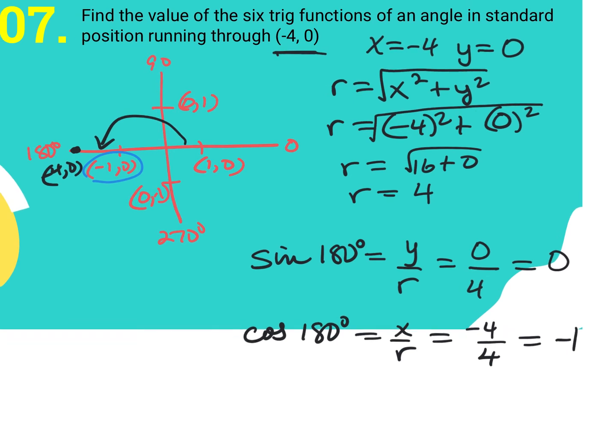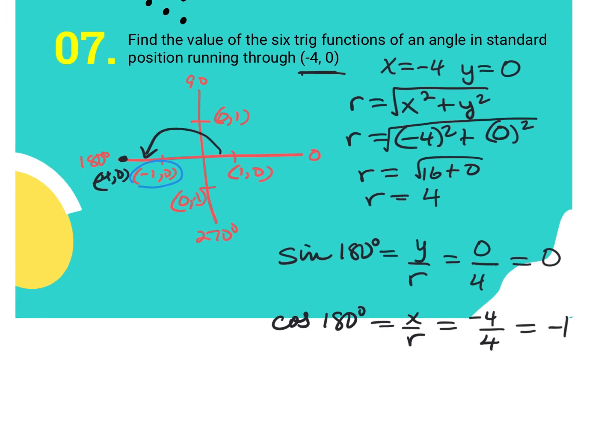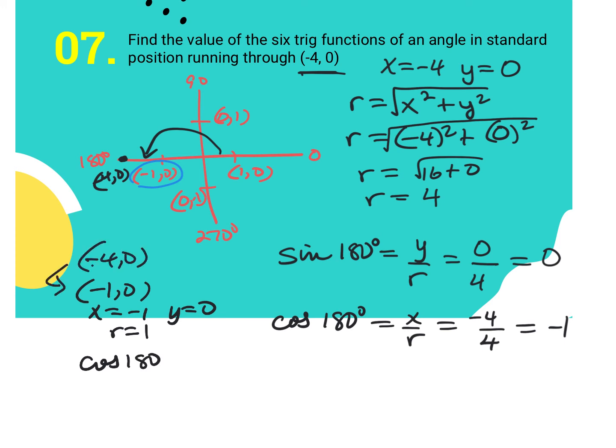Notice if I would have done the ordered pair -1, 0, x equals -1, y equals 0. Remember the radius when you use those 4 ordered pairs is always 1. So if I would have done cosine of 180 using that one instead of -4, 0, it makes my problem a little bit simpler, because then I don't need to reduce.